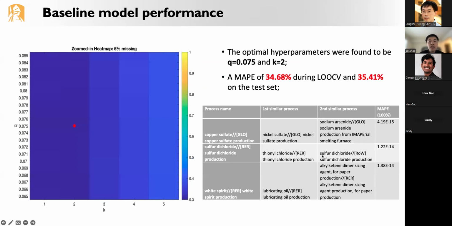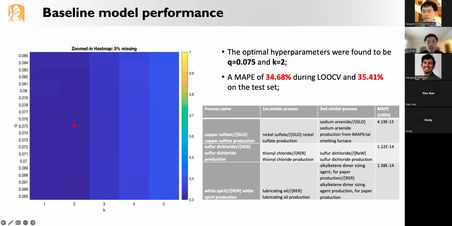In this study, we evaluate the baseline model performance on the widely adopted ecoinvent UPR unit process database, the UPR database, in the situation with about 5% of the data missing. Based on the grid search method, the optimal hyperparameters were found to be q equals 0.075 and k equals 2. Specifically, the distance parameter q is quite small, as you may have already noticed.